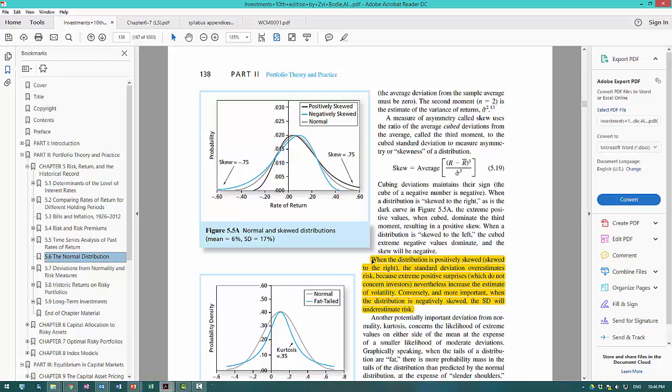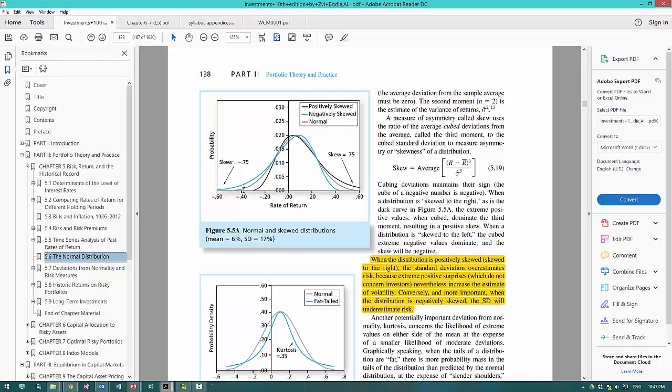I think you can read from here, when the distribution is positively skewed, the standard deviation overestimates risk. Okay, stop right there, and then come down to this line here. When the distribution is negatively skewed, the standard deviation will underestimate risk. Okay, so take note of these 2 sentences and just ignore what's in between. And I'm going to try and explain to you.